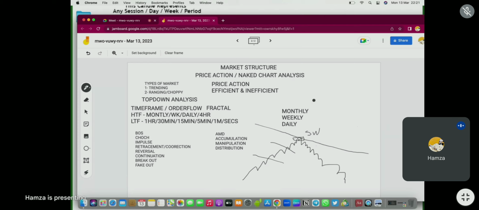So I've finished talking about accumulation, manipulation, distribution, telling you that normally during the Asian session, USD pairs, any instrument you see paired with the USD during the Asian session. Why? Asia is not related to the US. So definitely the market of the US is closed. The New York session is closed. Any instrument associated with the US, normally they close.